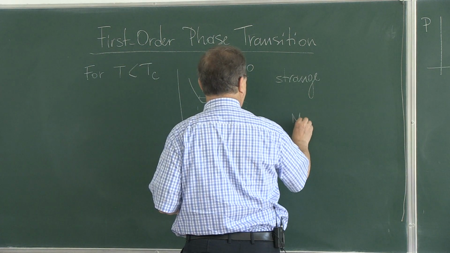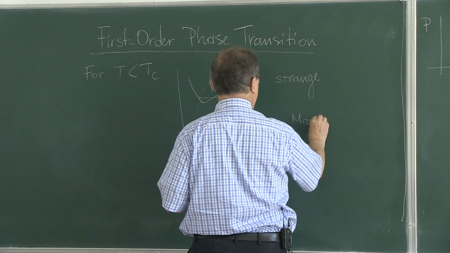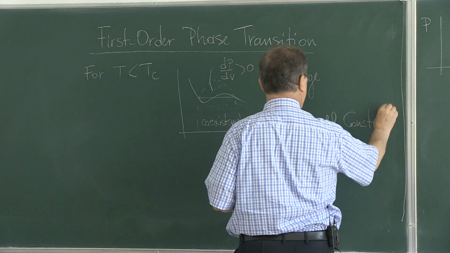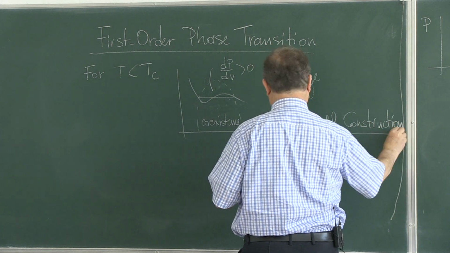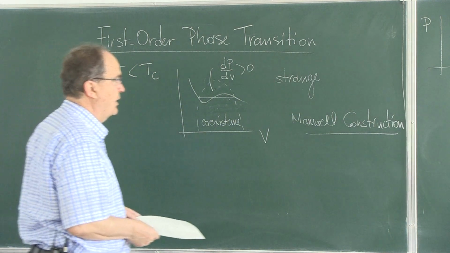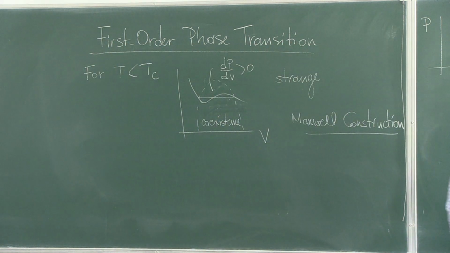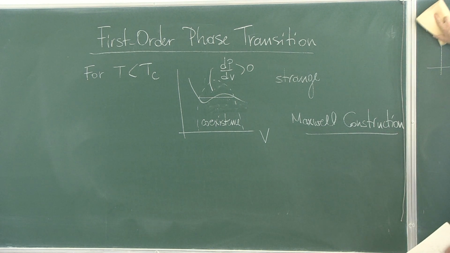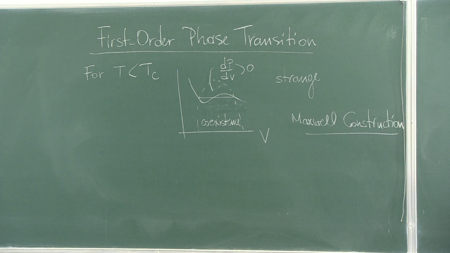The correction is known as Maxwell's construction, and it has to do with the behavior of the Helmholtz free energy.